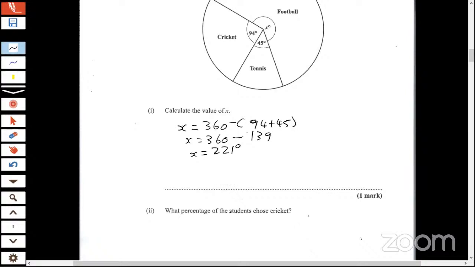So again, let's see you try to figure that out. What percentage of the students chose cricket? The formula that you would use is very similar to one of those formulas that we used above. The only difference here is that it's talking about percentage.